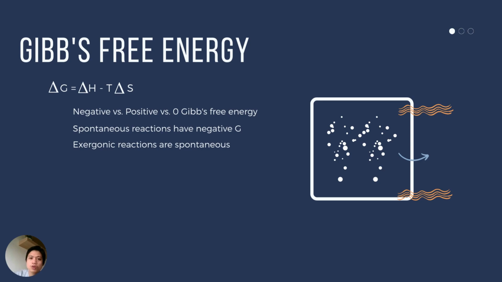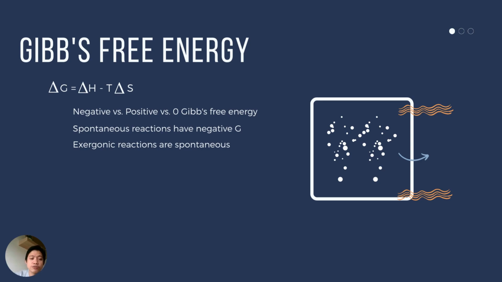So, in summary, enthalpy is the state of orderliness. It's the energy that keeps the particles together. And in order to separate the particles from each other, you need to apply sufficient energy, and that energy is represented as heat. So that's H in the equation.